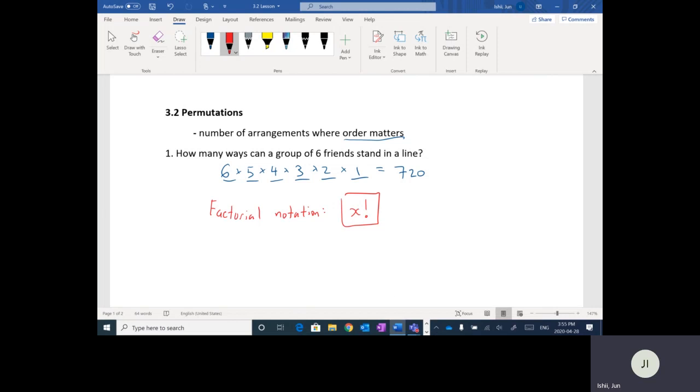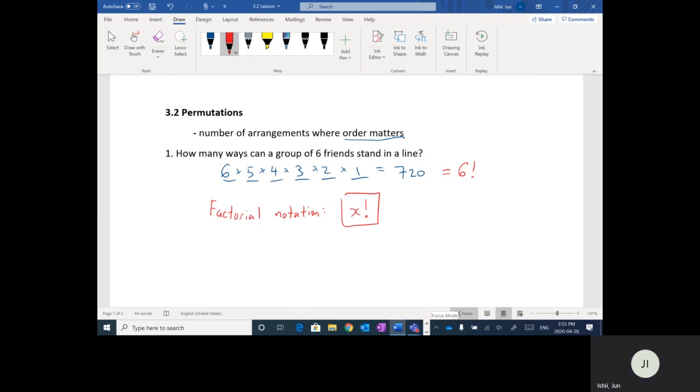This number 720 is equal to 6 factorial. What a factorial is, basically, is you take that number, start from there, go down by 1, and multiply them all the way through until you hit 1. So 6 factorial is equal to 720 because 6 times 5 times 4 times 3 times 2 times 1 is 720. The reason we're introducing this is because we'll be looking at a formula for the permutations.